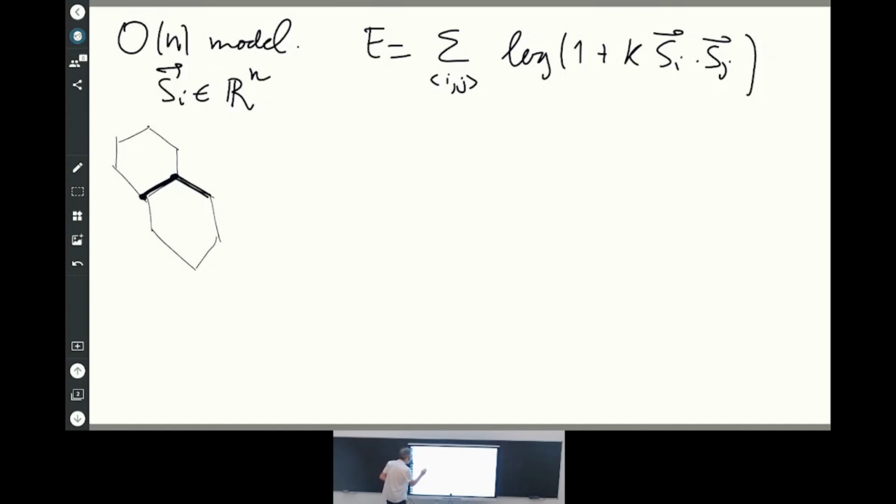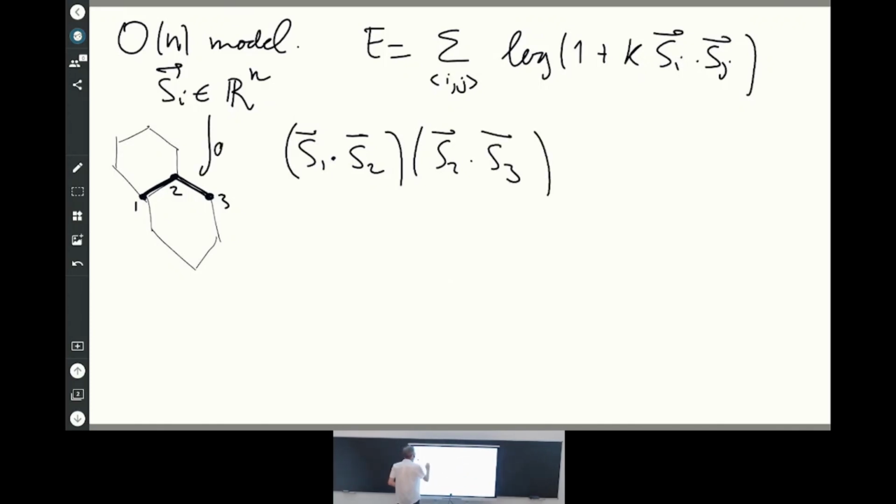For example, in this configuration, here I'm integrating something like, so this is 0.1, 0.2, 0.3, S1 scalar S2 times S2 scalar S3.